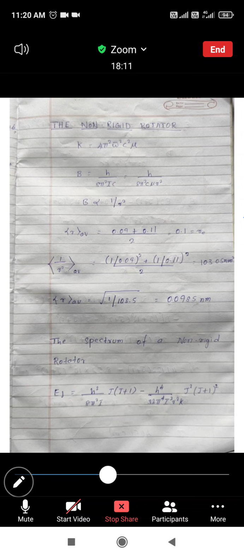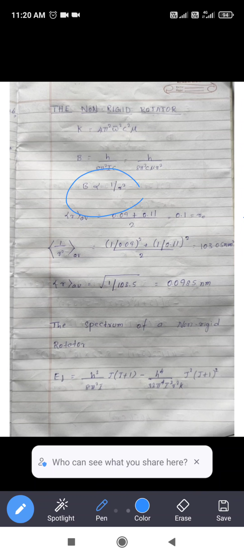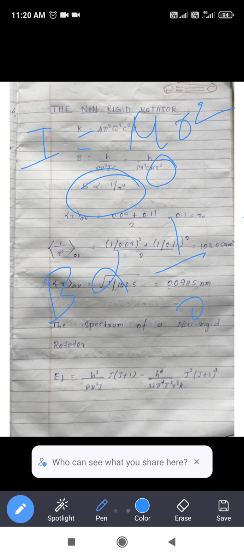So this is the relation. Here I replace I with mu into R square. So B is inversely proportional to 1 over R square. When R square changes, B changes.